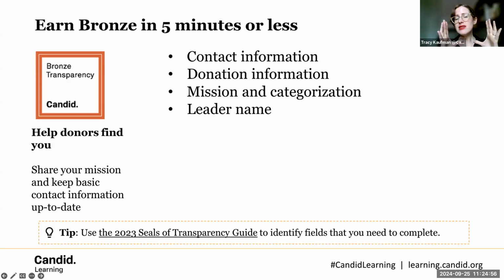Because first of all, any seal is going to be more helpful than none. And if someone finds you on here and wants to donate to you, you want to make sure you have the most up-to-date contact information included so that you're sure that donors are sending their contributions to the right place. So bronze, at the very least, is helpful to do. Next slide.